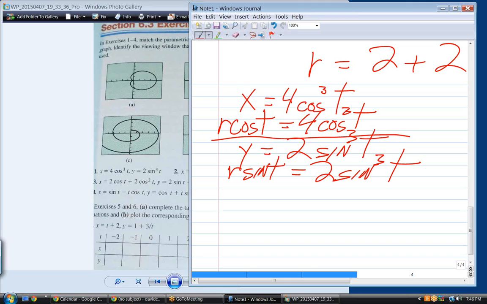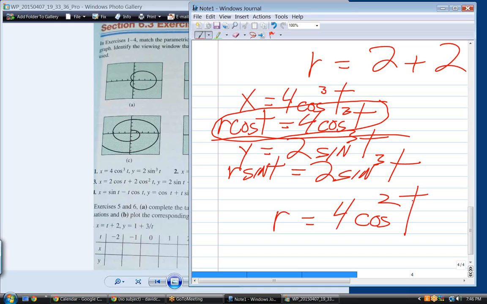I know you can't divide by a variable if it might be 0, but just for simplification here, I'm going to simplify this into r equals 4 cosine squared of t. You see how you can do that? Yeah. And down below, I get r equals 2 sine squared of t.